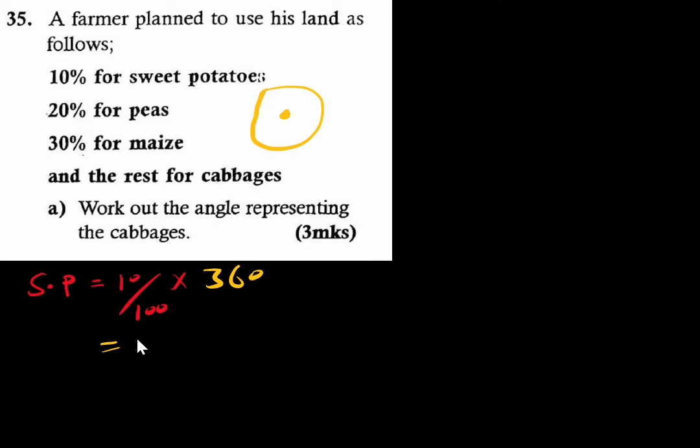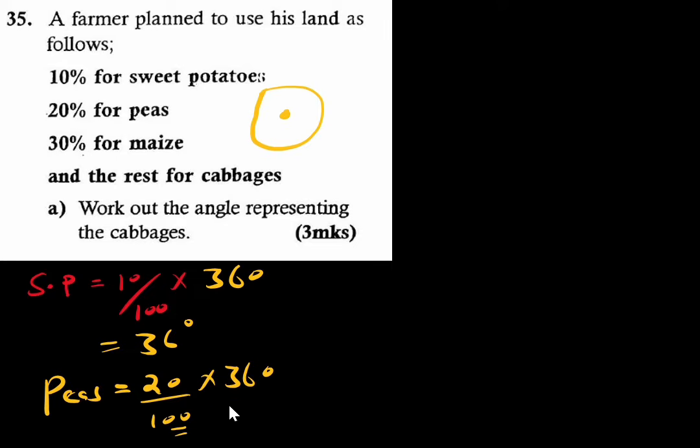So the angle is 36 degrees. We go for pears. So the angle will be 20 over 100 multiplied by 360. If I multiply, you can see for pears, we get the angle is 72 degrees.